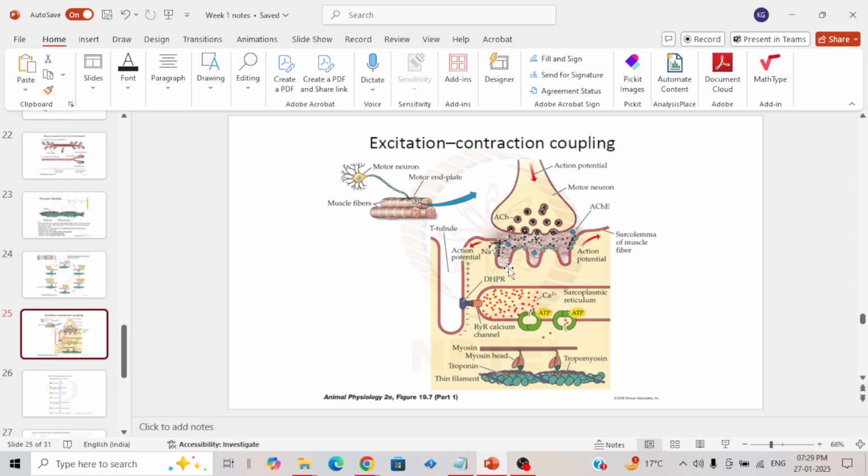Why? Because these receptors can also bind to nicotine. Nicotine is a compound which we get from which plant? Tobacco plant.